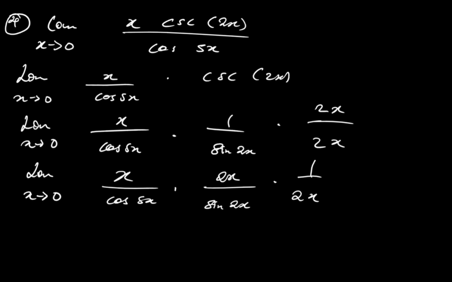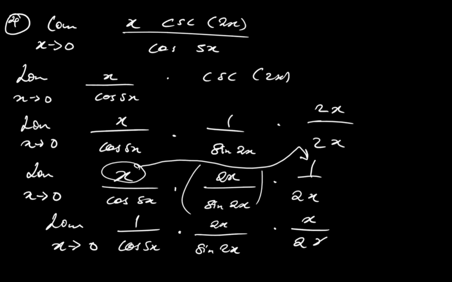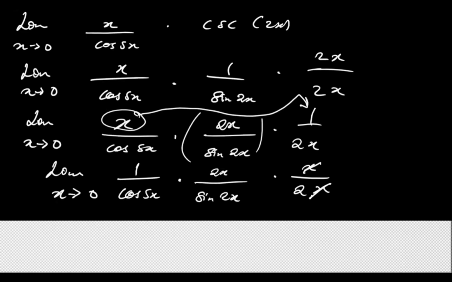Now what we're going to be having is a scenario where we know that this will give us 1. But I can get this x here and fold it out with that 1. So I can have the limit as x approaches 0 of 1 over cos 5x times 2x over sine of 2x times x over 2x, of which this x can cancel out with that x.